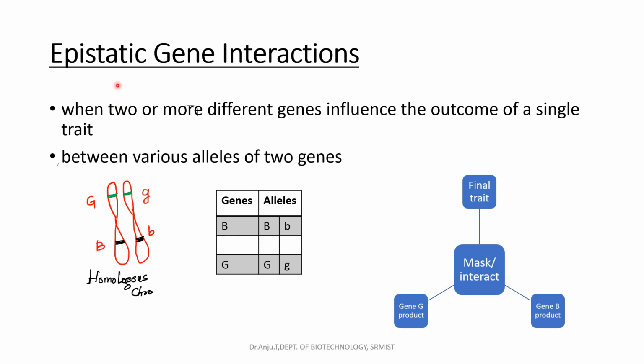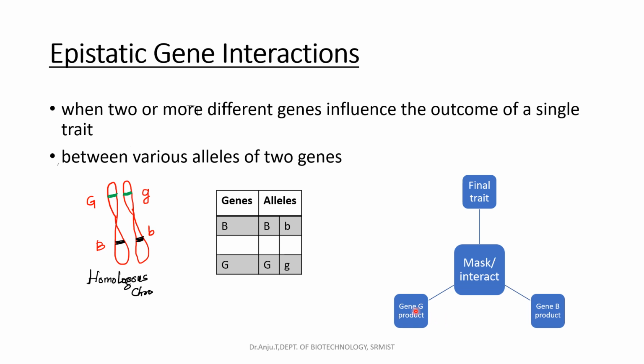What is epistatic? When one gene masks or suppresses the product of gene B in expressing the final triad. So one gene masks the effect of the other gene.